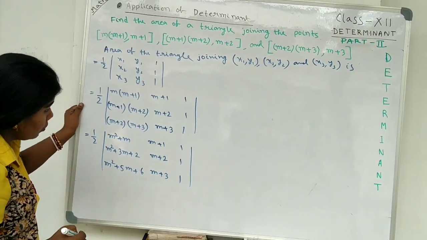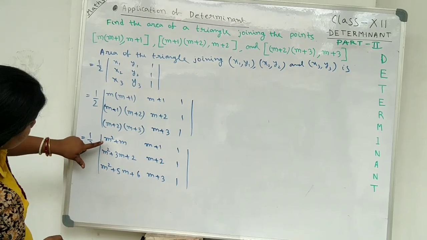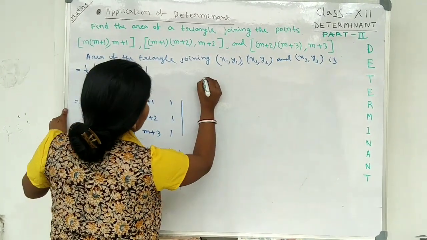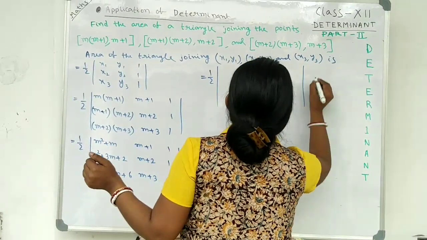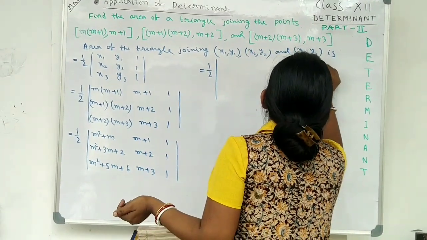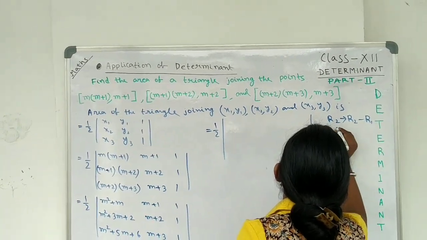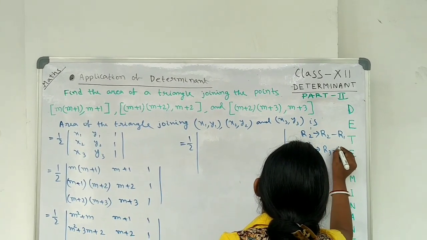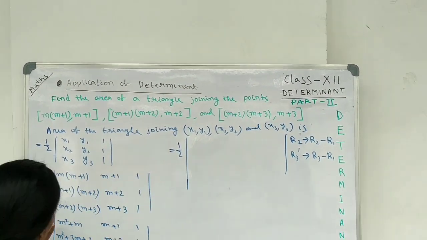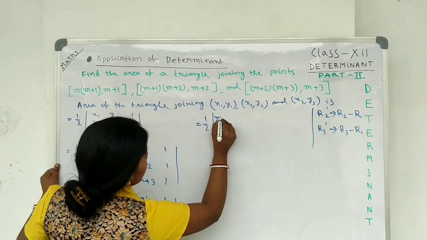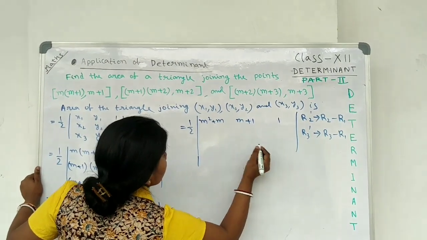Now what we will do, we will subtract row 1 from row 2 and row 3. That is, R2 dash equal to R2 minus R1 and R3 dash equal to R3 minus R1. That is, we will keep R1 fixed: m square plus m, m plus 1, 1.